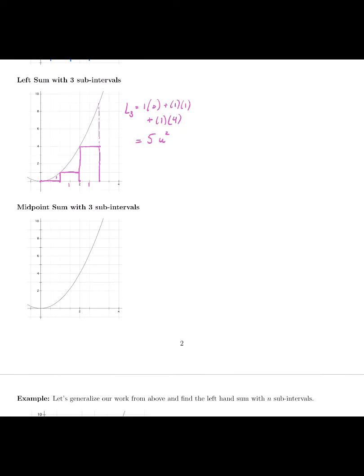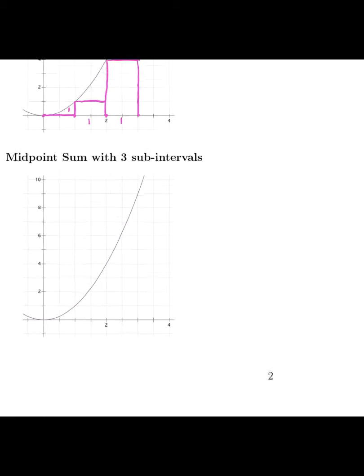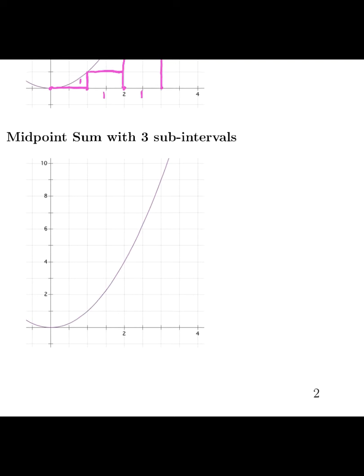Okay, we can find this estimate one other way, using what's called the midpoint sum. So for the midpoint sum, instead of left or right, we're going to go to the middle of each interval. So we have an interval from 0 to 1, 1 to 2, and 2 to 3. We're going to go to the midpoint, go up to the curve, and use that as the height of our rectangle. So in this case, that's at 1/2.